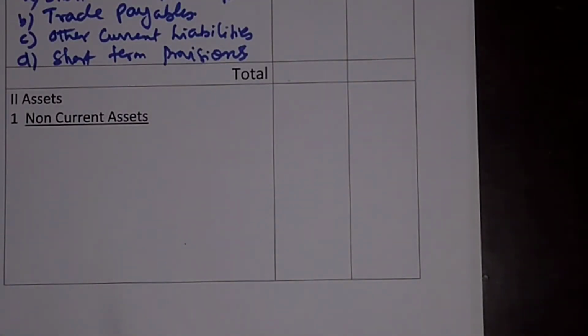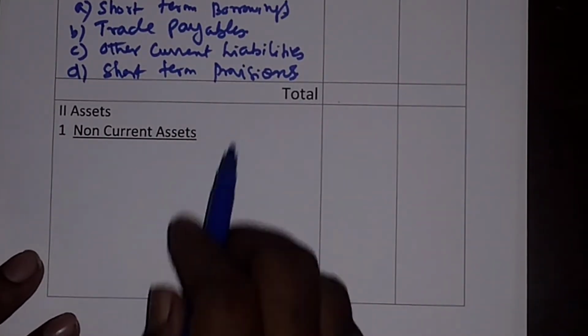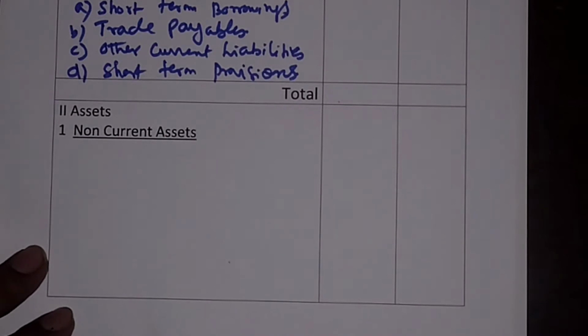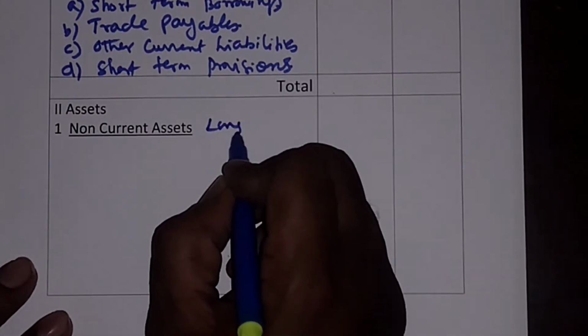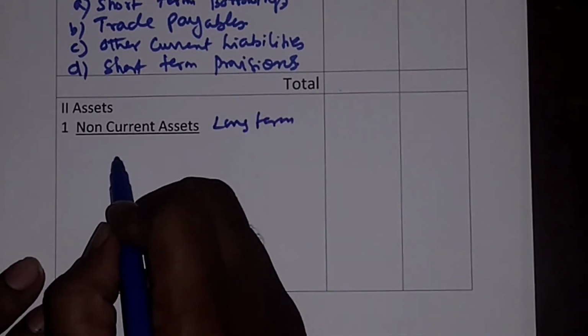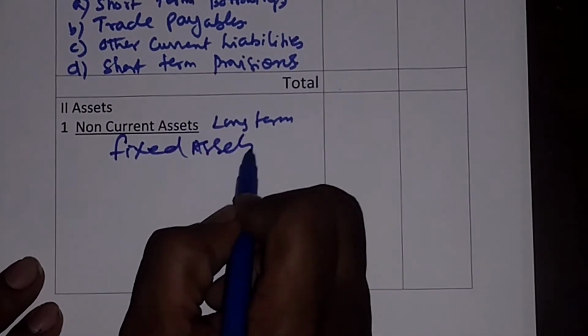Next, coming to assets. The assets are classified into non-current assets and current assets. Current assets, let me show on another page. Non-current means long-term assets. Under that, the very first one is fixed assets.